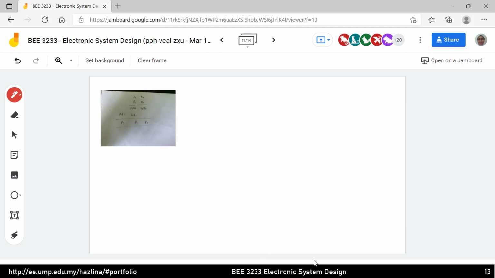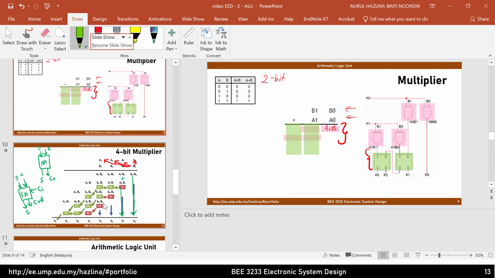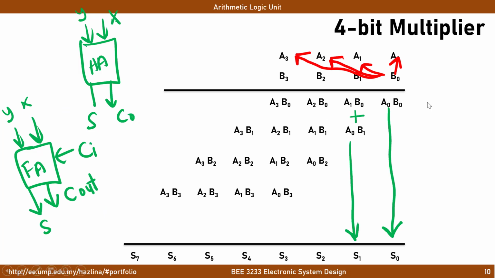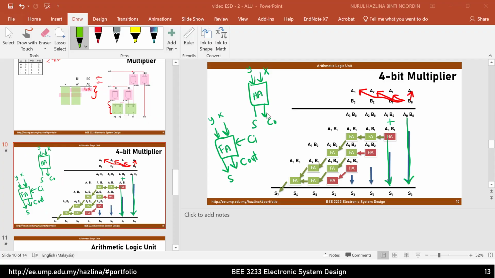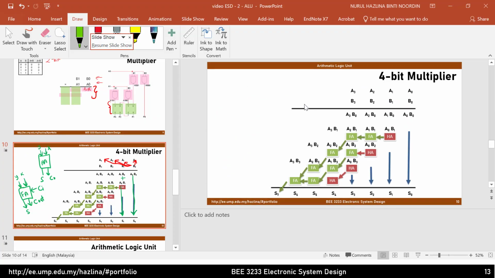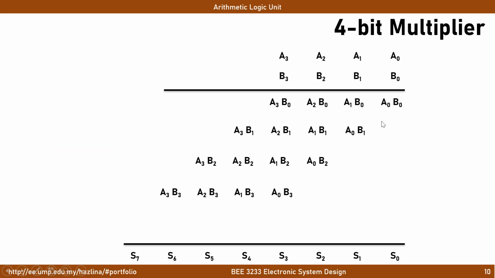Now, it comes into a situation whereby, what if we require to do more than 2 bit? Such as the one that is being shown here. If let's say we need to have up until 4 bits multiplication? Saya buang ni yang lama ni. Okay, let's say in this process, 4-bit multiplication, similar like the 2 bits just now, what you need to make sure to do is to do this first stage, buat sampai habis, it will be into this tier.